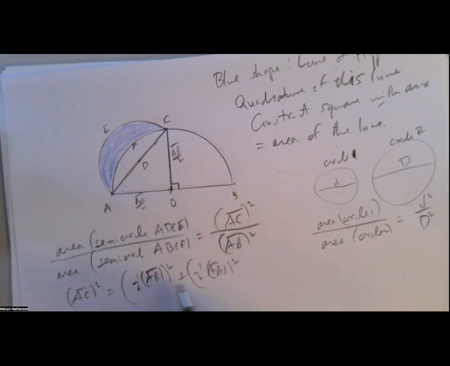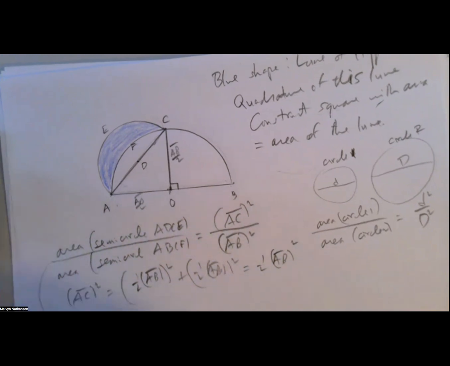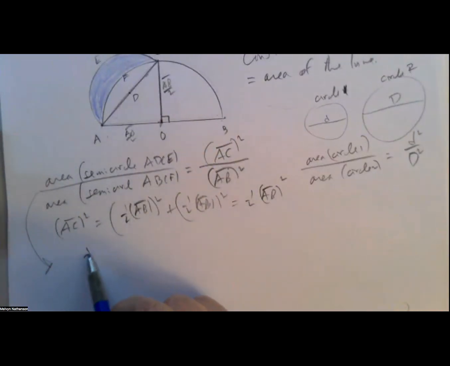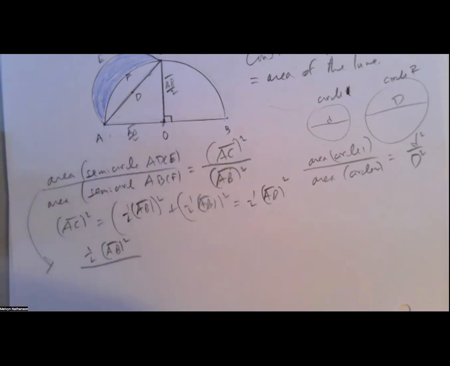That's a 4th AB squared plus a 4th AB squared. That's a half AB squared. So this ratio of the areas, AC squared is a half length of AB squared, divided by the length of AB squared. These cancel. This is equal to a half.